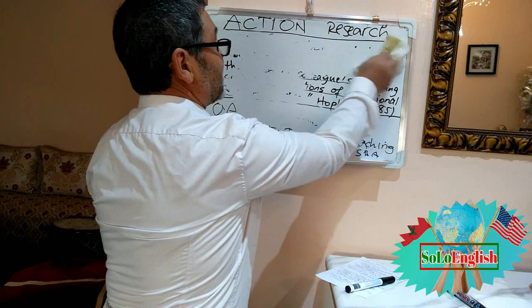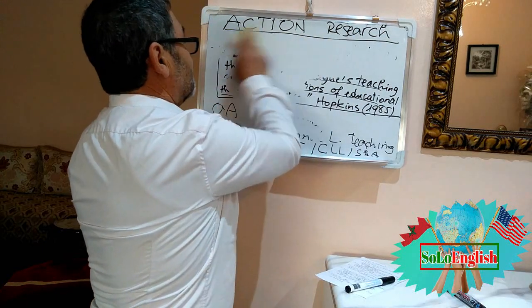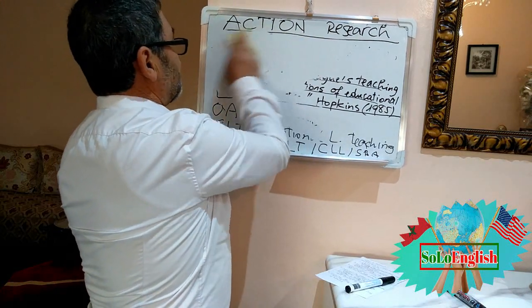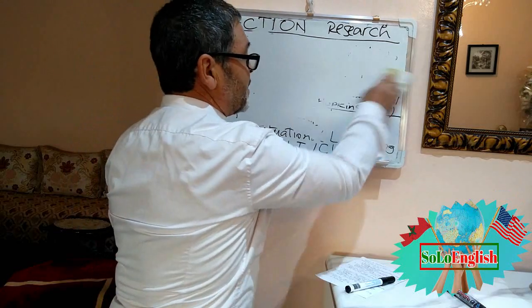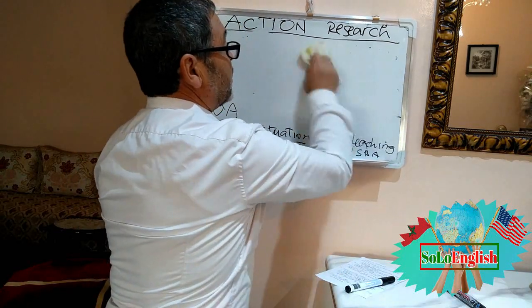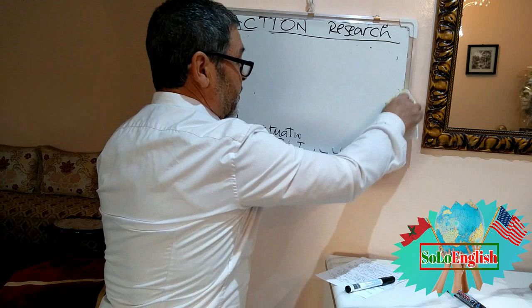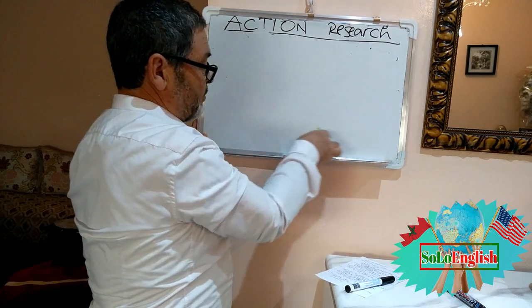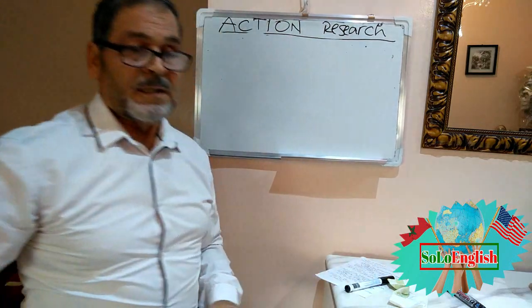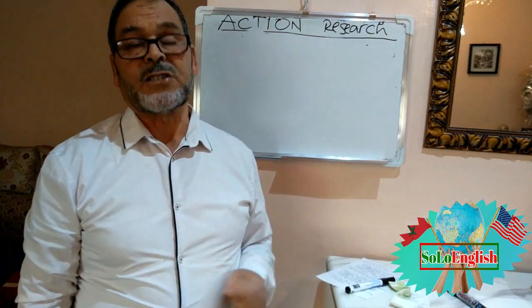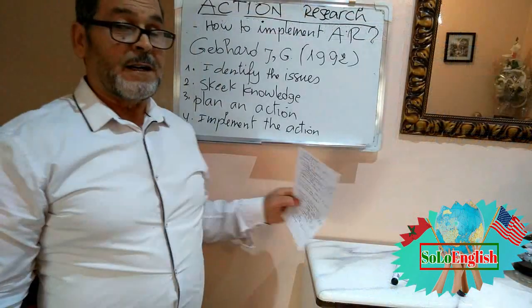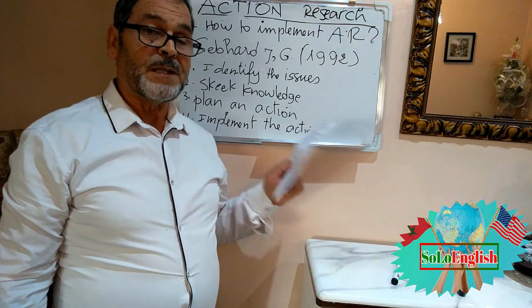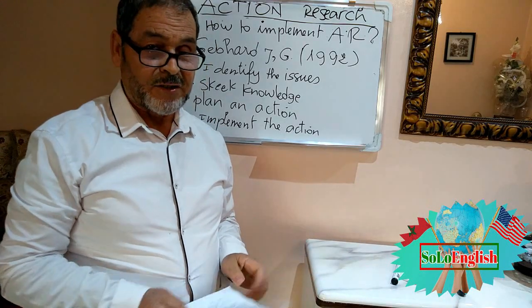And action research is done not just by teachers, it can be educators, linguists, theorists. So each time we change and we seek information. This is the objective of the action research.